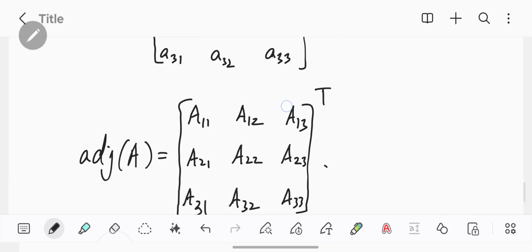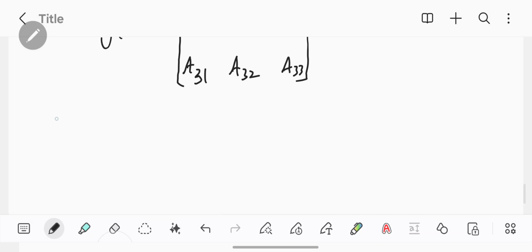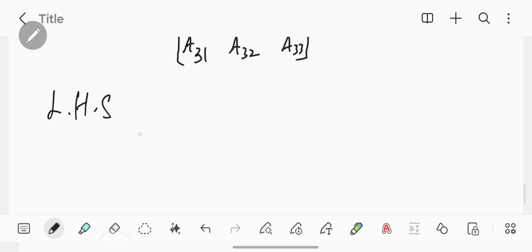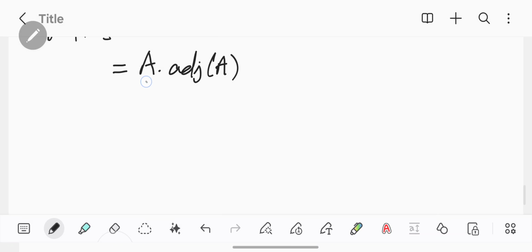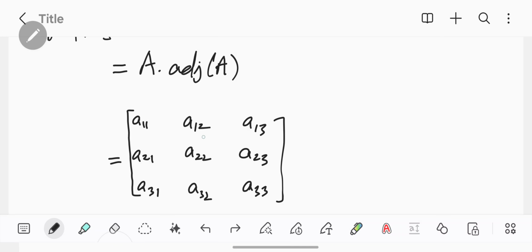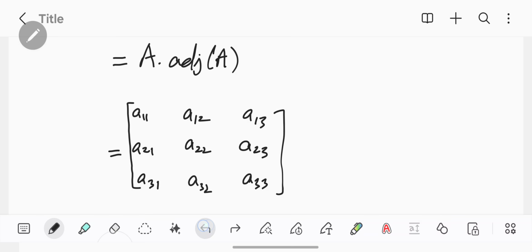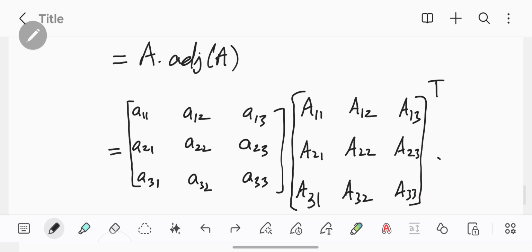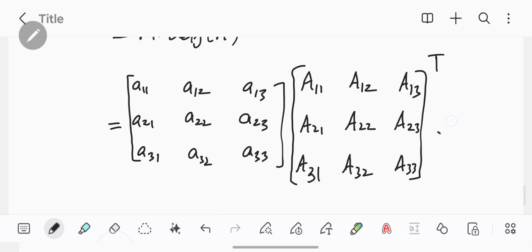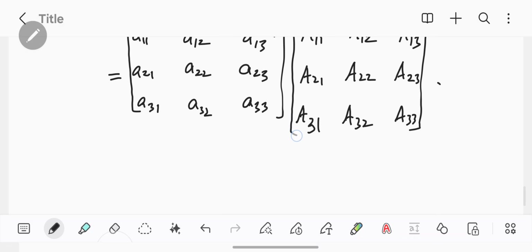This is the way we prove an equation. Whenever you have to prove an equation, you consider the left hand side and you make the right hand side. So the left hand side is A times adjoint of A. In place of A, we put its value, and in place of adjoint of A, we put its value. Since here we have a transpose, first I will apply this transpose and then we multiply.